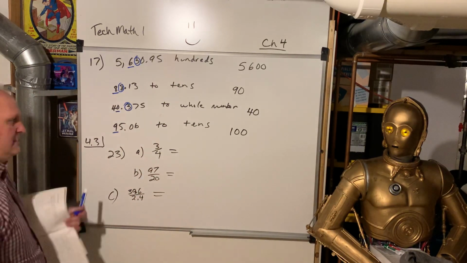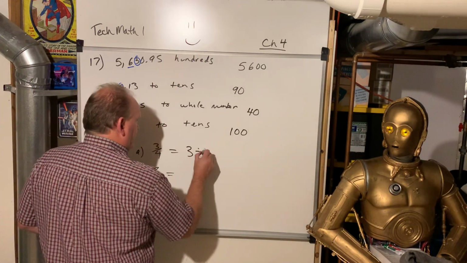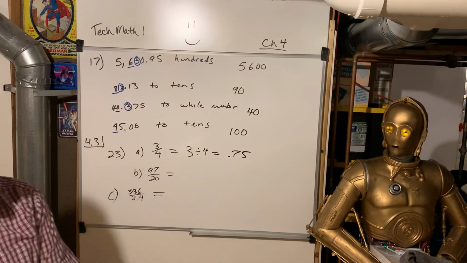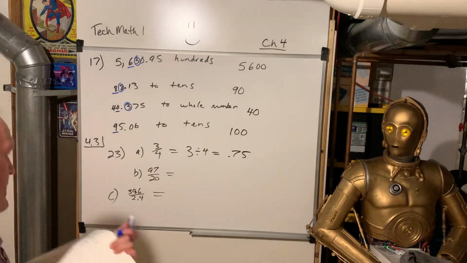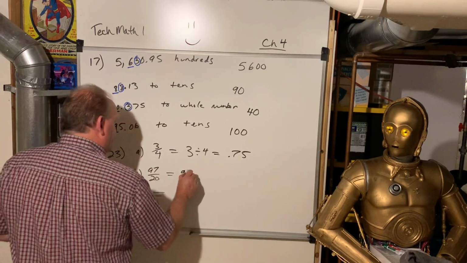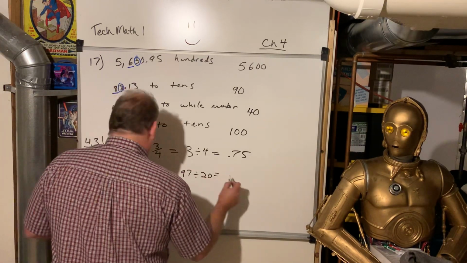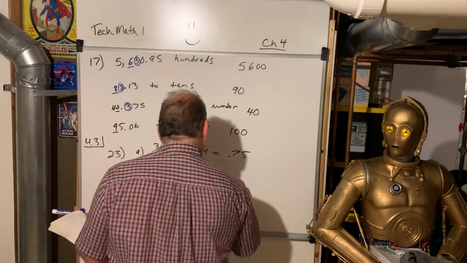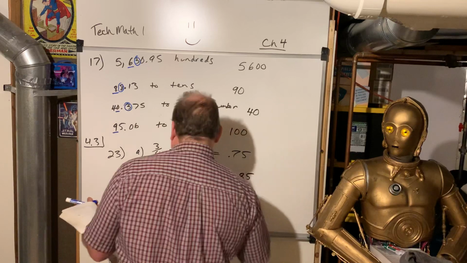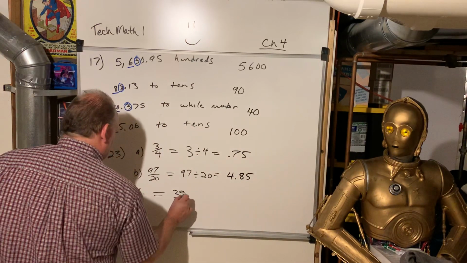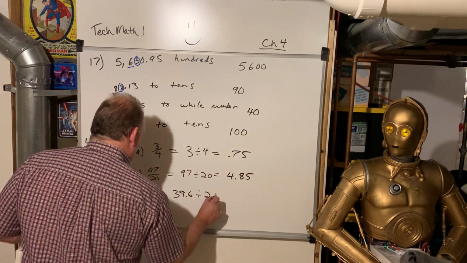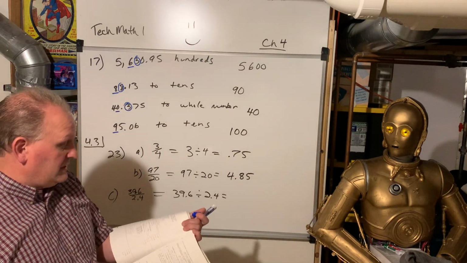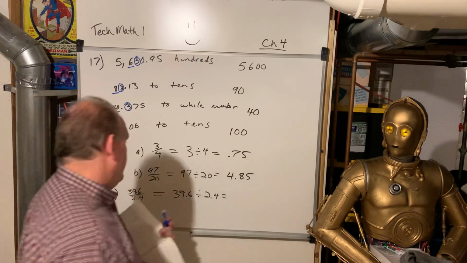So you just take in your calculator 3 divided by 4 and hit enter, and that's 0.75. Same thing, 97 divided by 20, and that should be 4.85, and 39.6 divided by 2.4, and that should be 16.5.